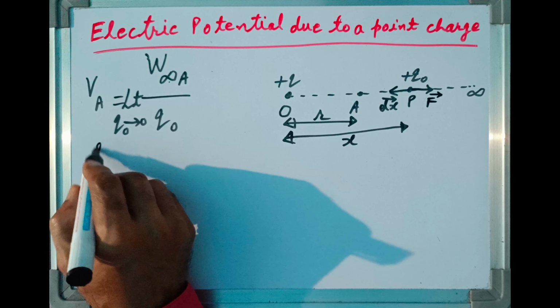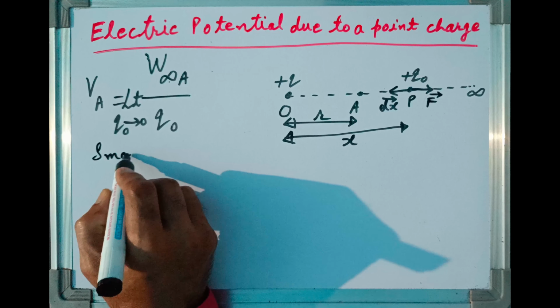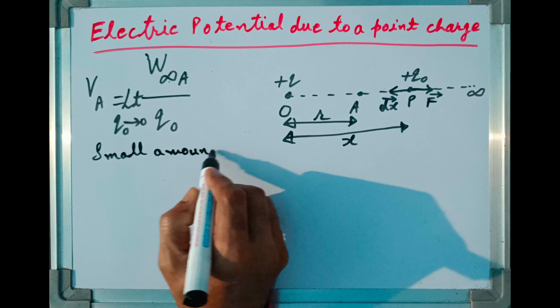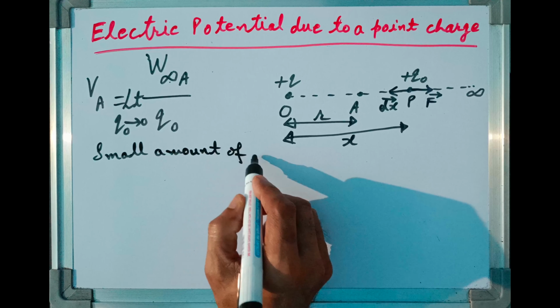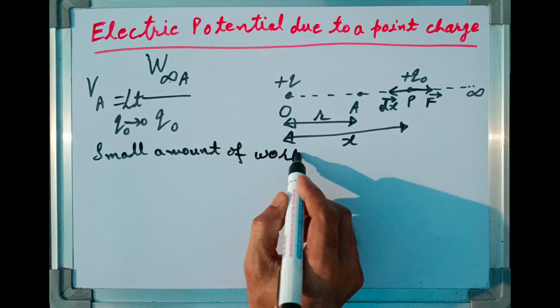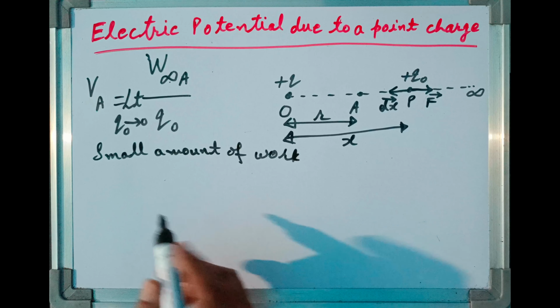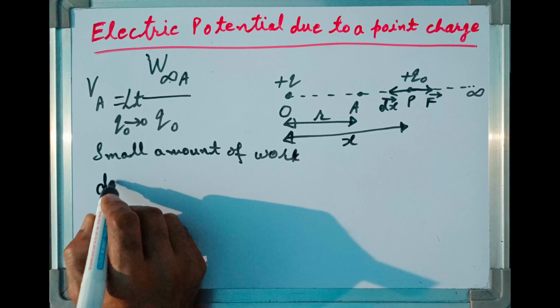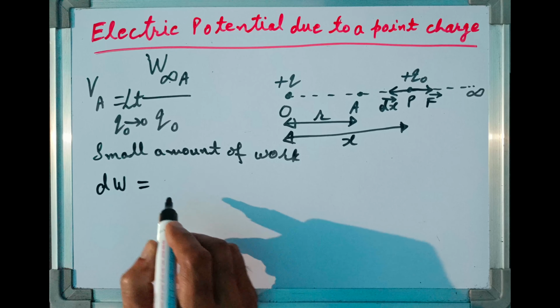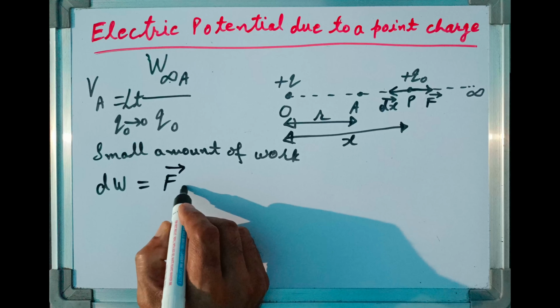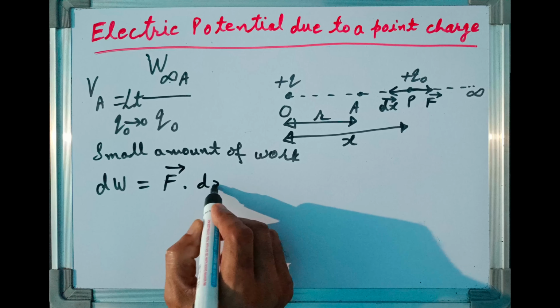Now I will write the small amount of work done during this small displacement dx vector. Let me denote it by dW. By definition of work, it is the dot product of force vector and displacement vector.